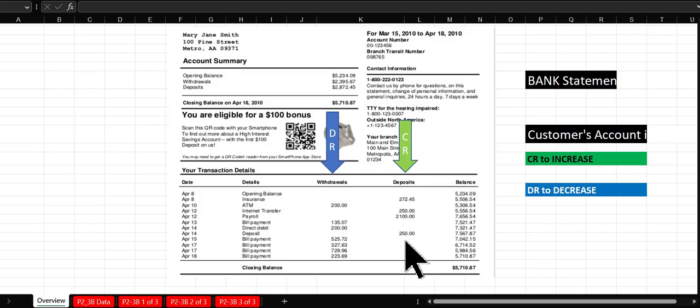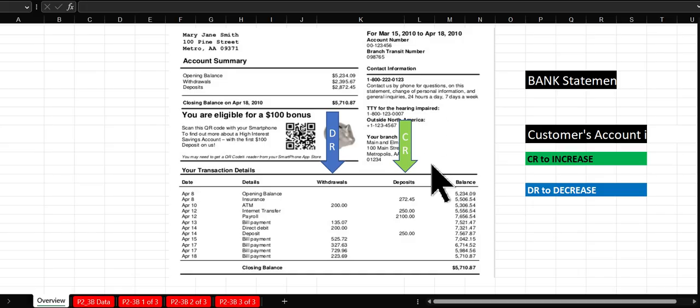These amounts that are deposited, this would be a give from the bank's perspective, and each withdrawal would be a get. So let's think about it. First of all, when you open an account with a bank, the amount that you put in your bank account, the bank owes that to you. So it's a liability.